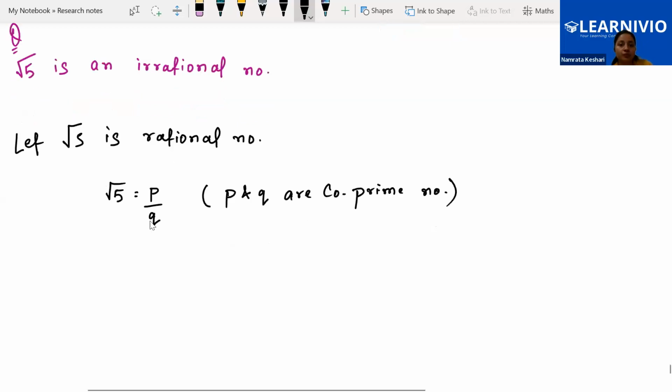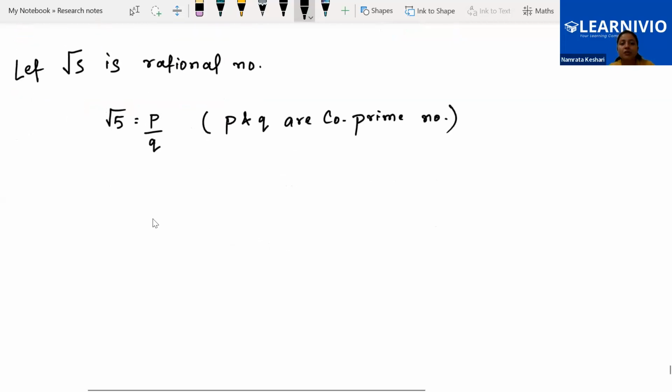Okay, how will we prove that? We will do crisscross multiplication over here. We will be having root 5 q equals p. After that, what do we have to do here? Square it, squaring both sides.